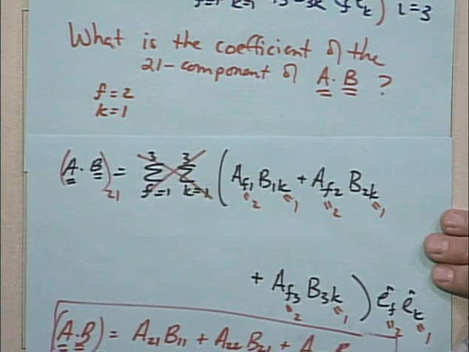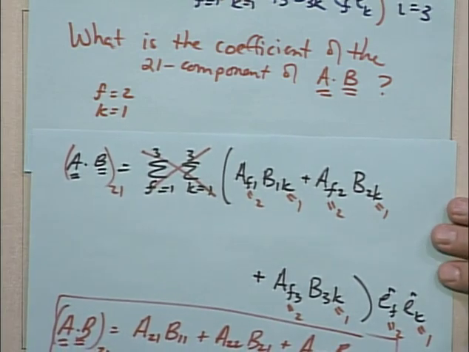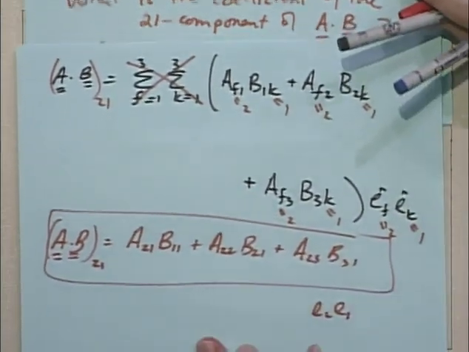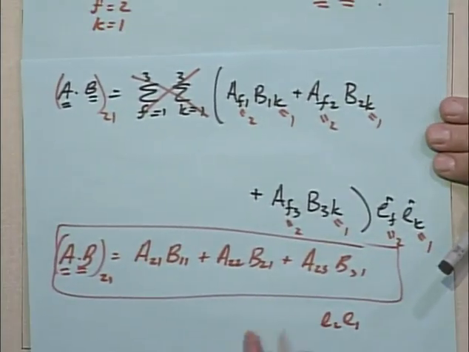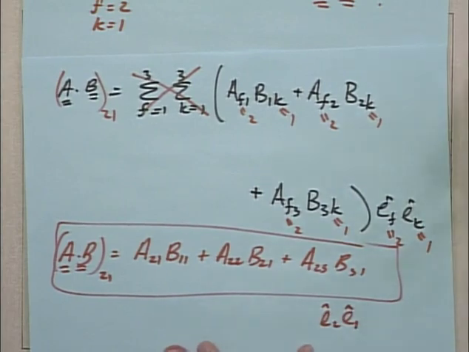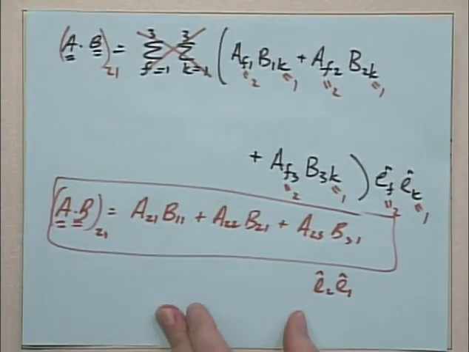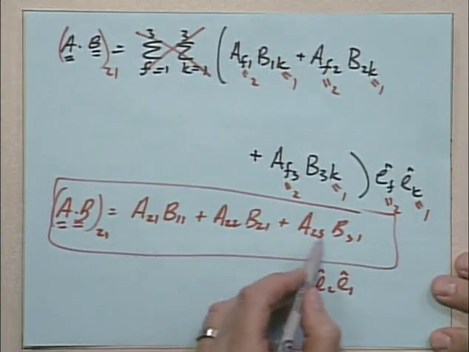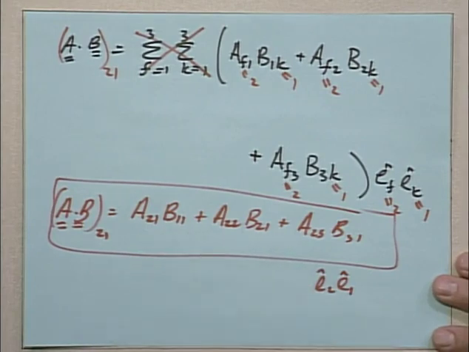So I said there were three terms in front of each dyad. This is the coefficient of the E2, E1 dyad, and these are the three terms that were in front. They add up, and that gives the coefficient, the 2, 1 coefficient.